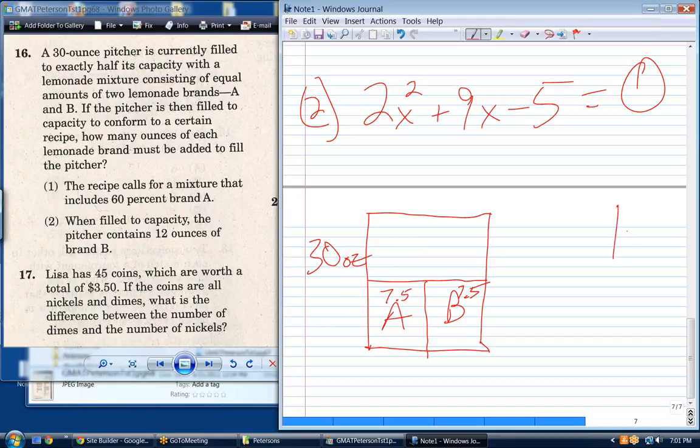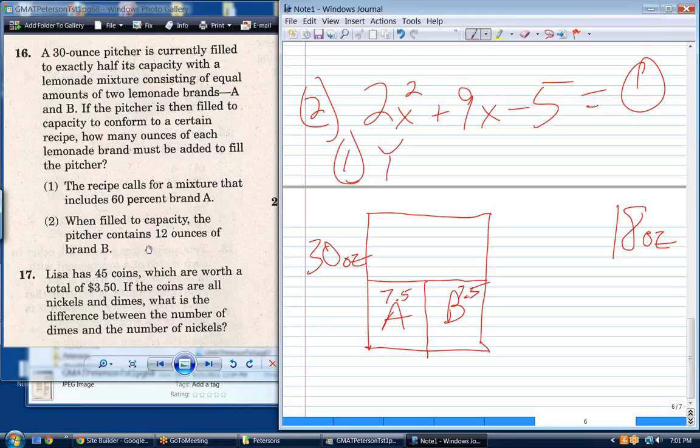That's 18 ounces. How many ounces of each must be added? I'm going to add 10.5 ounces of A and 4.5 ounces of B. So 1 answers it.